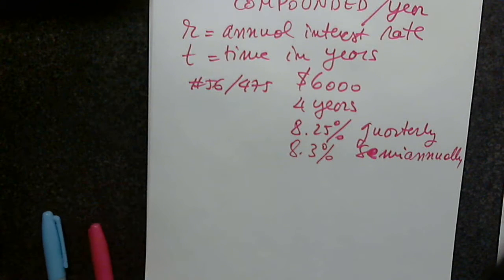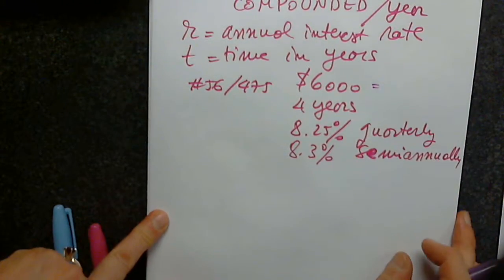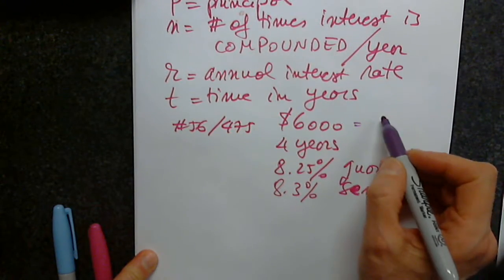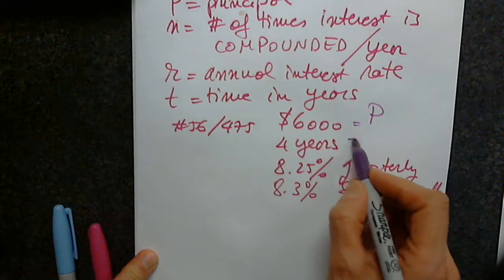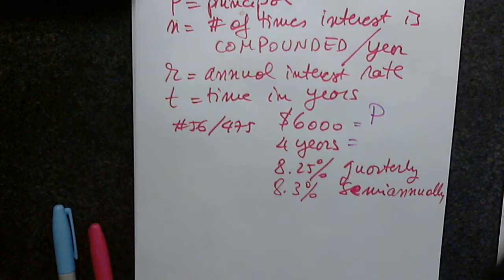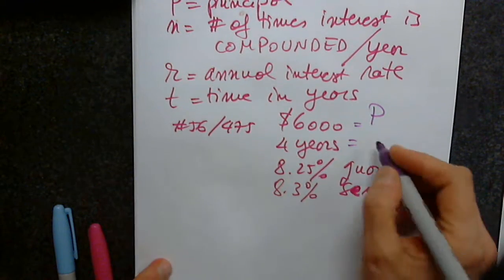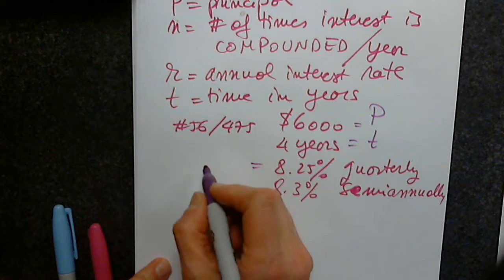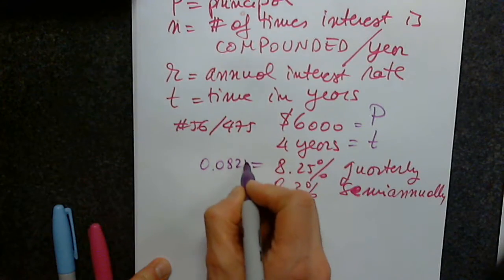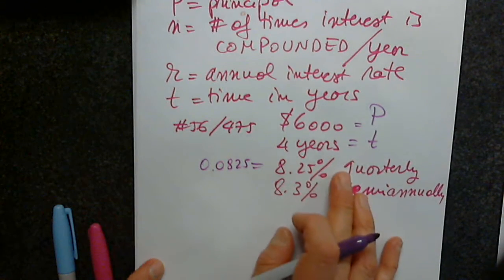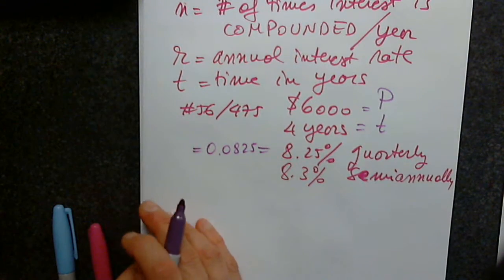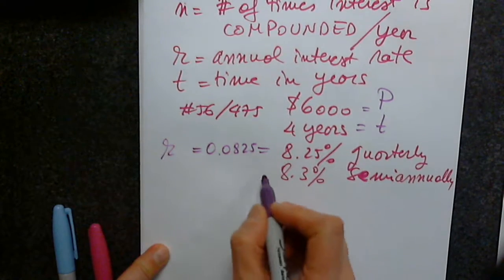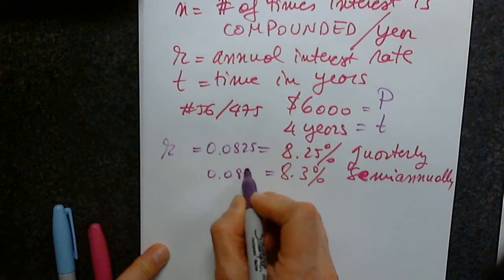And then calculate it. Ready? What does 6,000 represent? Very good. What does 4 years represent? Very good. What does 8.25 represent? Which is 0.0825. I cannot use percentages in the problem. What does this represent? Awesome. And what does this 1.083 represent?